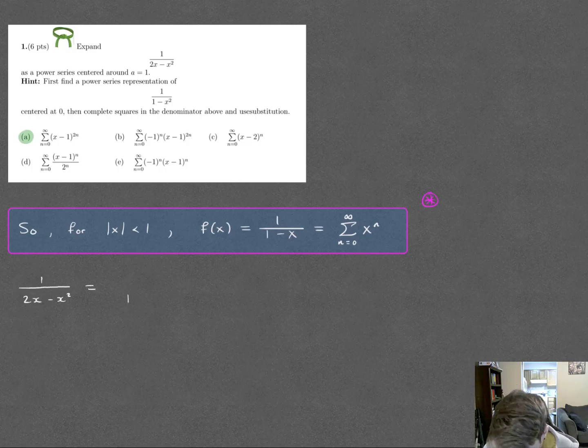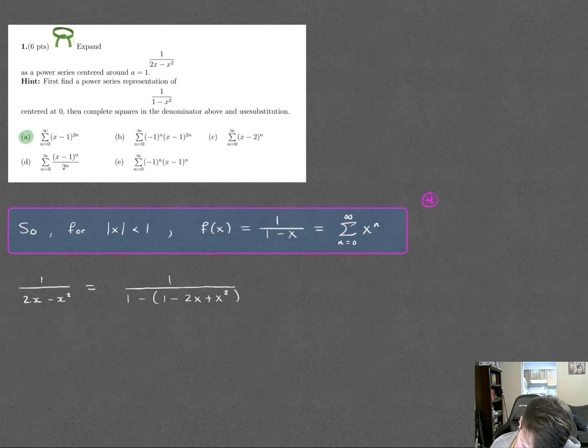So let's just do that. This has to be 1 over 1 minus 2x plus x squared. And now we can see algebraically that 1 minus 2x plus x squared is just 1 minus x all squared.